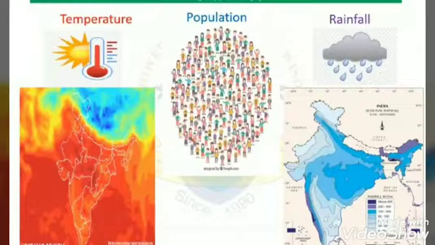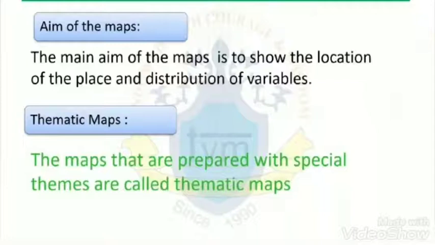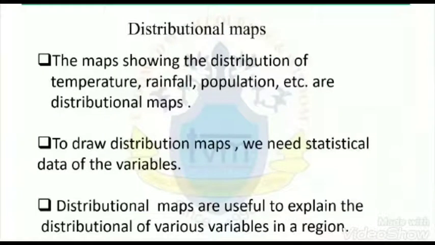So students, in the previous slide, we have seen examples of thematic maps, that is temperature, rainfall and population, etc. They all are called distributional maps. To draw a distribution map, we need statistical data of the variables.